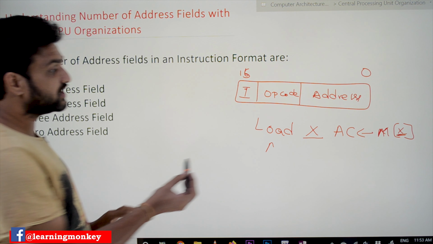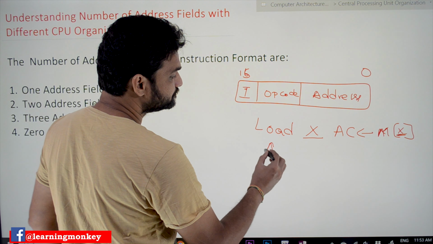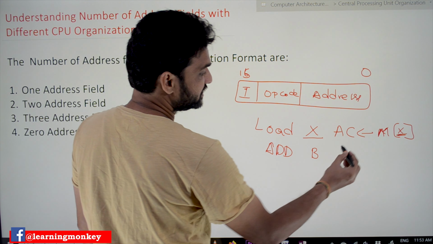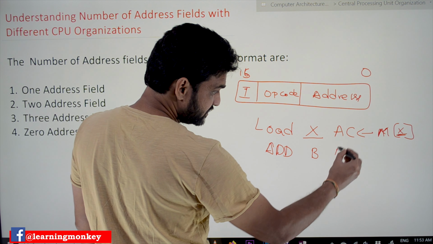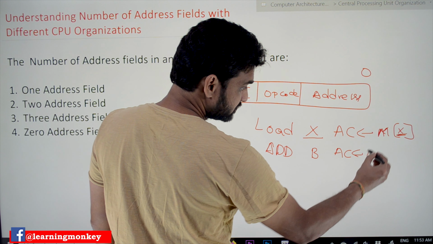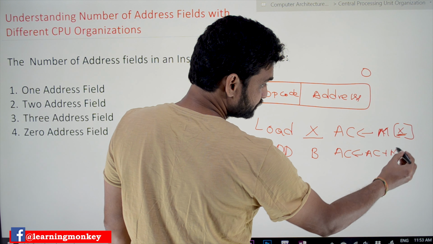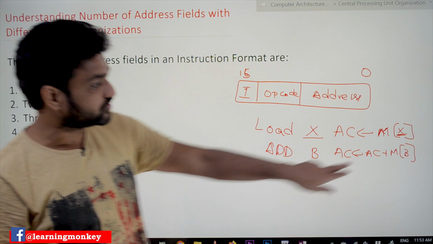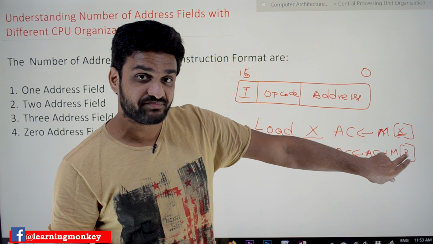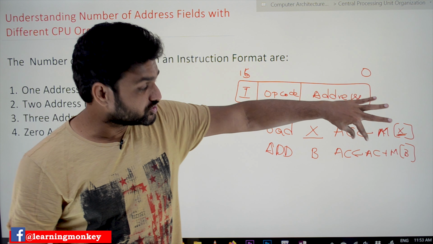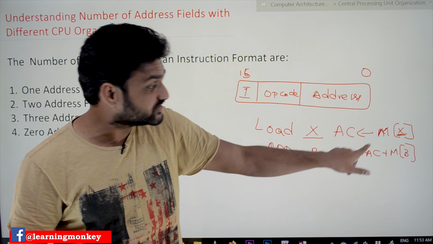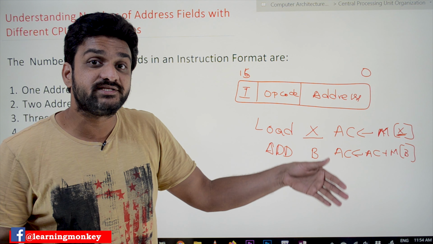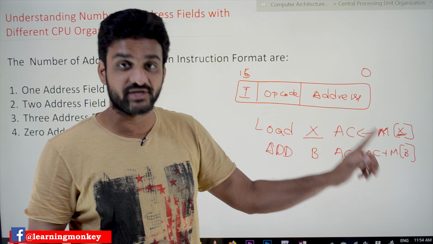Now for example, if you want to add B, what this instruction means is accumulator plus memory location B. The operand stored in memory location B will get added with the accumulator. That is why it is called implied accumulator organization, single accumulator organization.